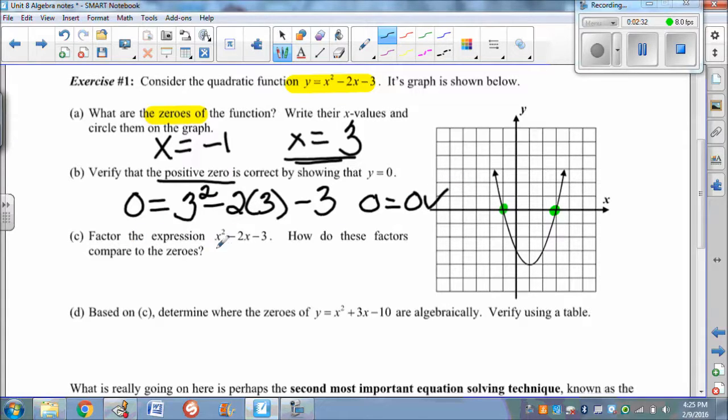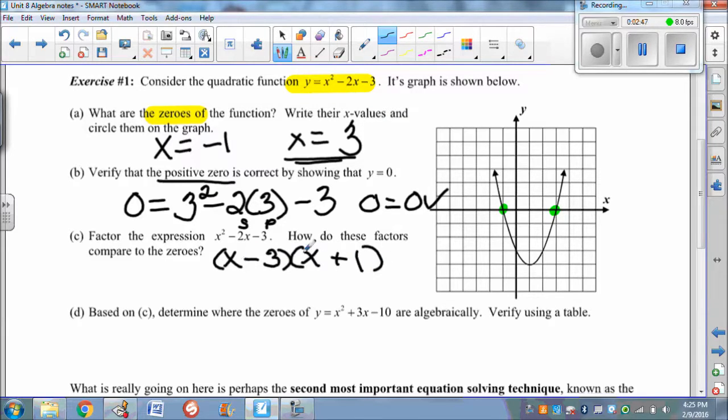Now it says factor this expression. So we know how to factor. We're going to think sum and product. So two numbers that sum to -2 but multiply to -3, and hopefully you're thinking a -3 and a +1.